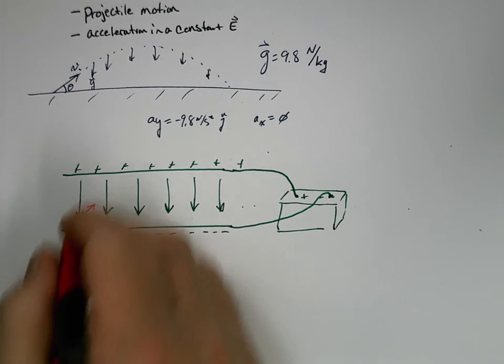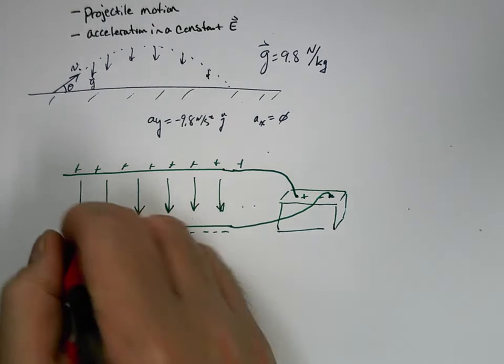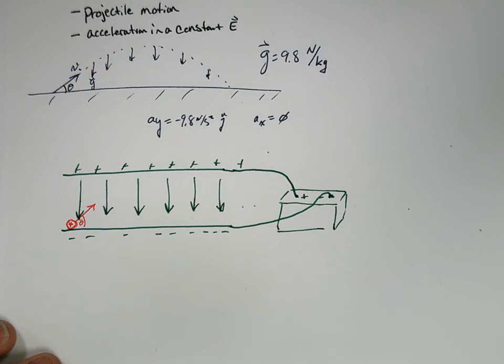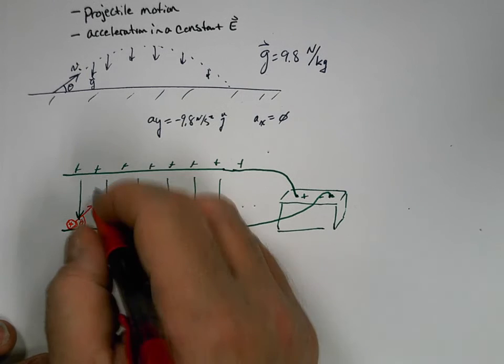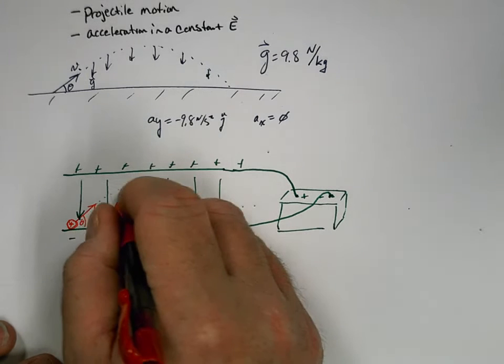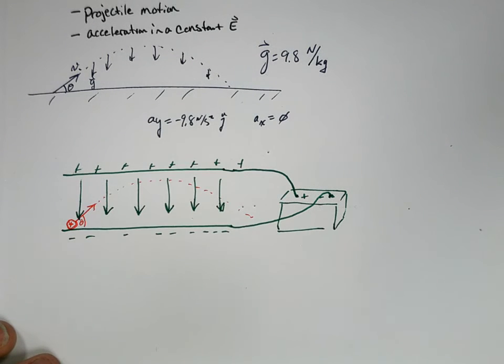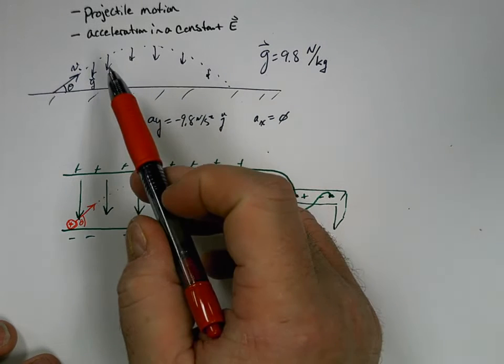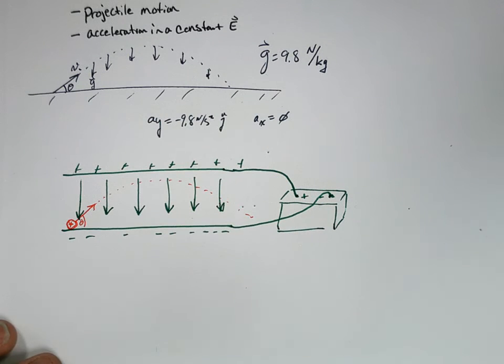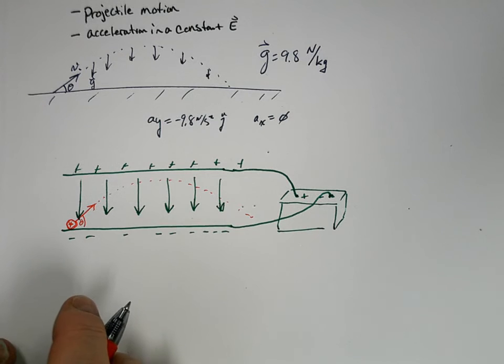Oh, I'm sorry, this is a positive charge here. Positively charged here. So it's going to travel in exactly the same way, because it's in a uniform electric field, just like our particle up here was in a uniform gravitational field. It will experience the same kind of force.